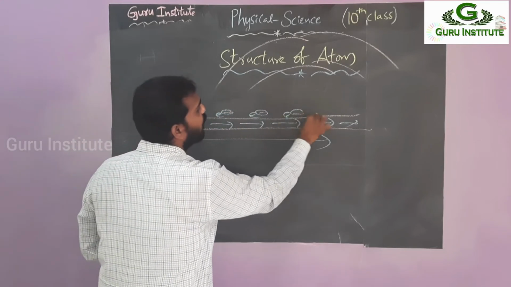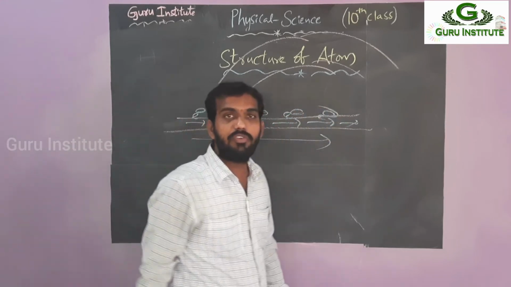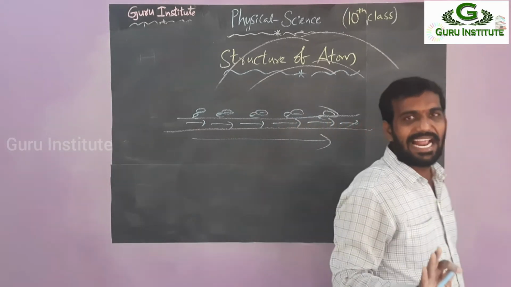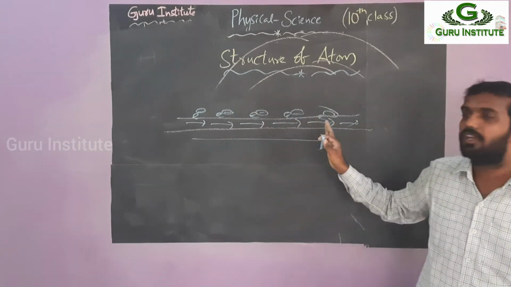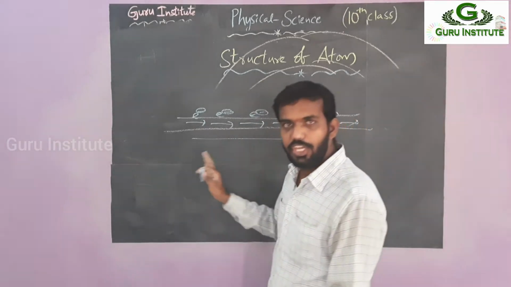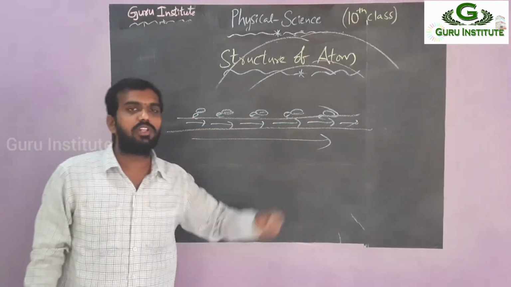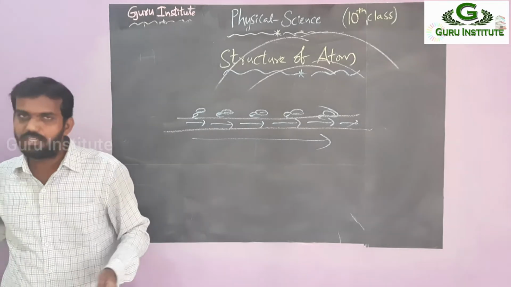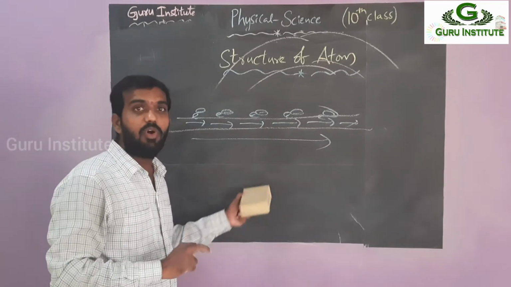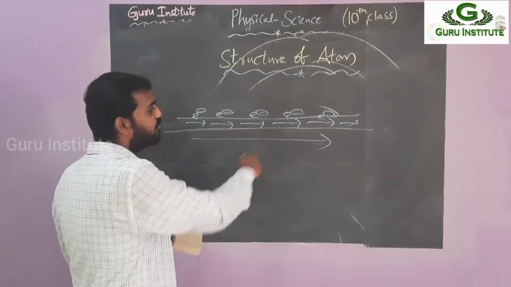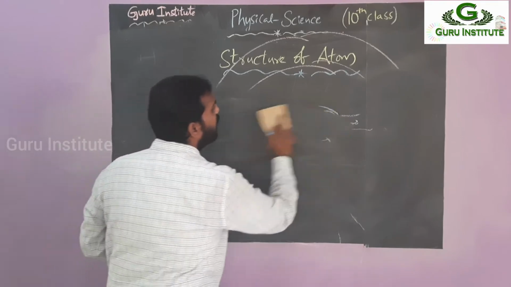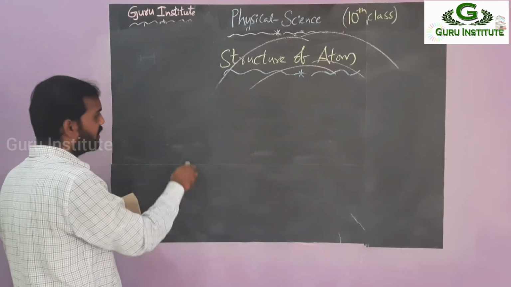So the flow of electrons is known as electricity. In that, the electric charge is moving. If the electric charge is disturbed, then automatically the electric wave is also disturbed. Whenever electricity is flowing, the flow of electrons is known as electricity, and it flows in the form of waves.